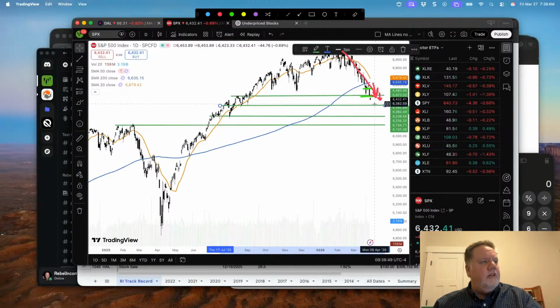Assuming that this bearish momentum continues, it looks like this 63.70 is going to be the next level where the market should hopefully try to see some stabilization.